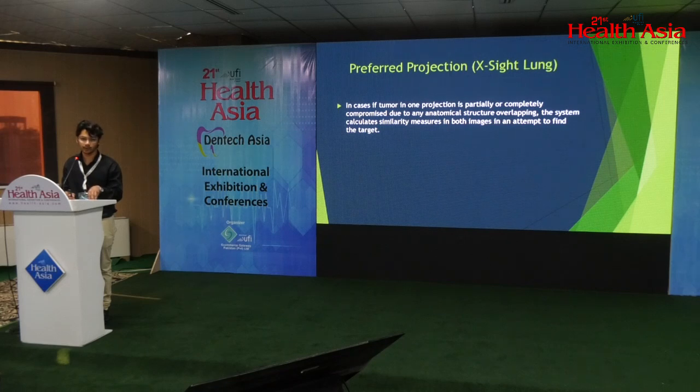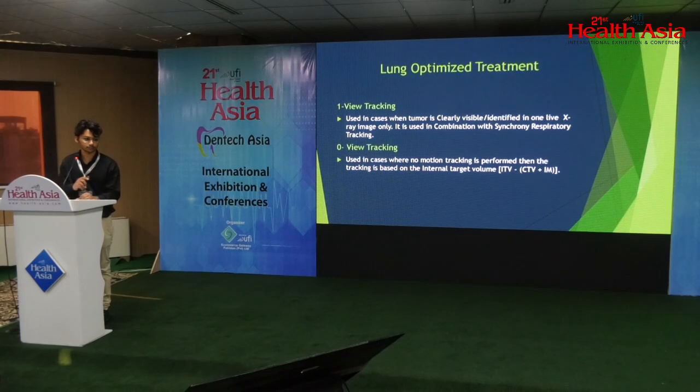We align the spine and we record the respiration of the target, and because of that, even if we cannot visualize the tumor, which might be blocked by the shadow of the heart or the ribs, the robot calculates the similarities in both X-ray images and gives us the accurate preferred position of the tumor.